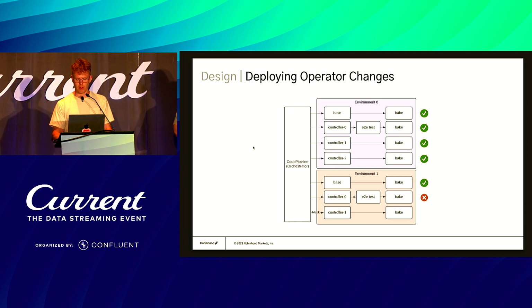If something fails, it blocks the deployment. We do the same thing here, where the controller is sharded, and each of those controllers manages one rack. So if someone makes a bad code change and tries to upgrade the controller, that would only affect the one rack that controller is associated with.